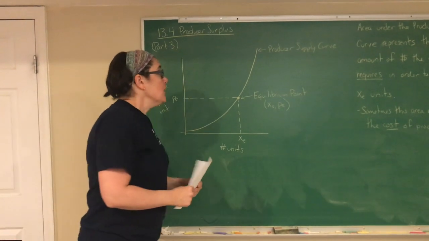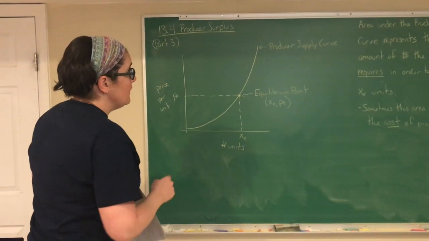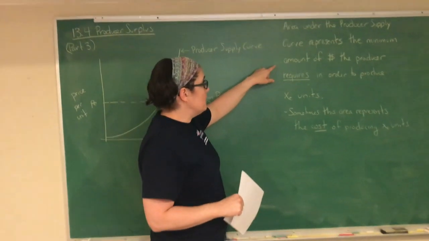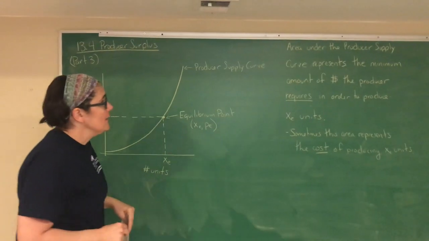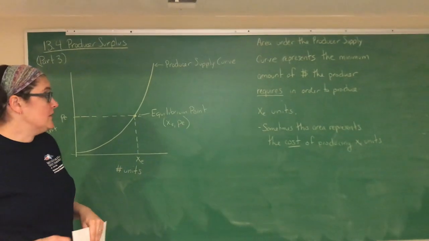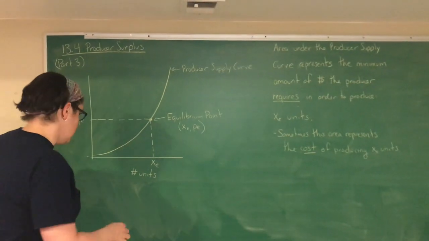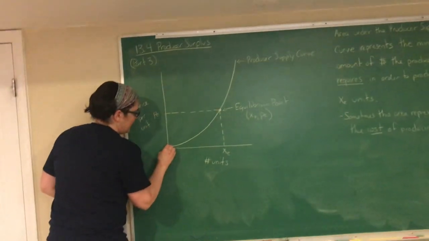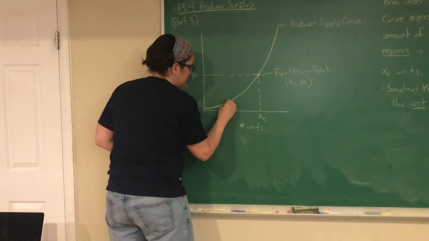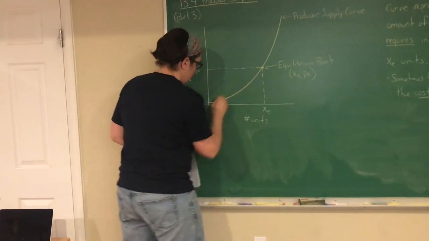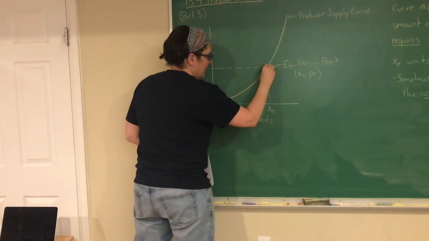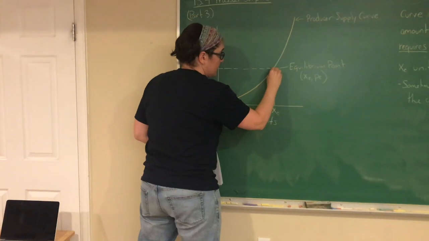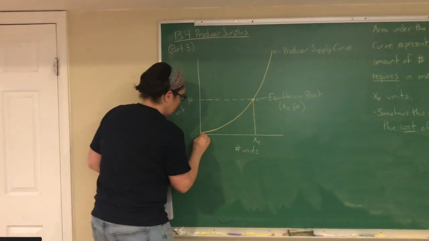Okay, so in this case, our area under the producer supply curve represents the minimum amount of money that the producer requires in order to produce X sub E units. So the area under our producer supply curve, between 0 and our number of units, X subscript E, for the donuts, that was 3 donuts.